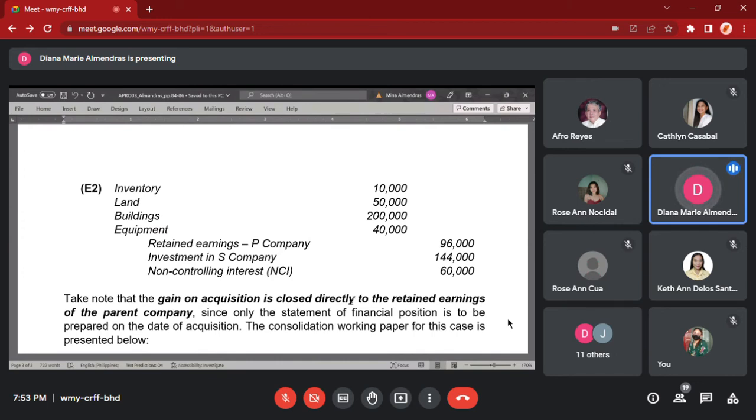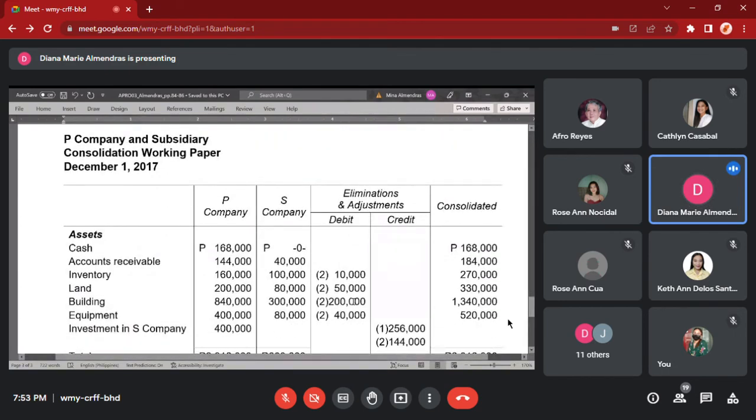The consolidation working paper for this case is presented below. The company and subsidiary consolidation working paper, December 1, 2017. Assets, cash. Cash of P Company 168,000 while for S Company 0. The consolidated is 168,000.